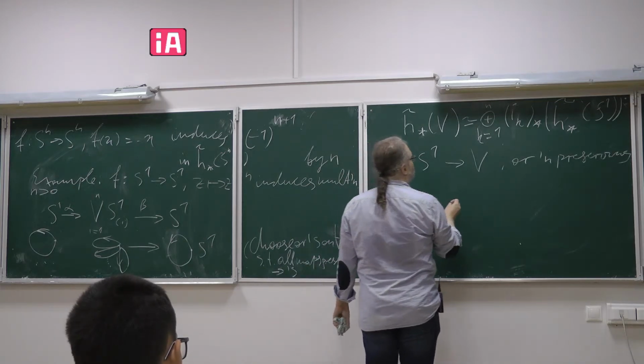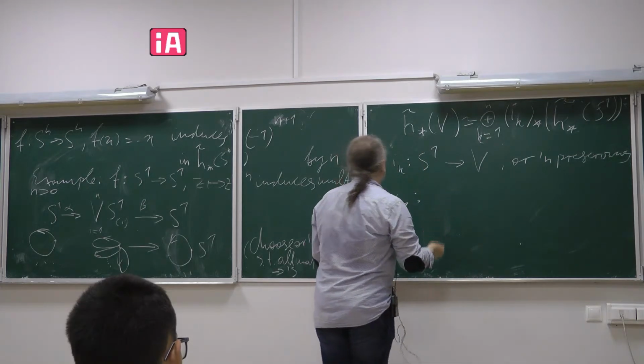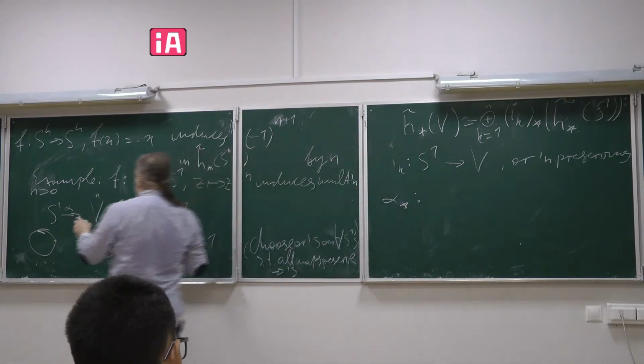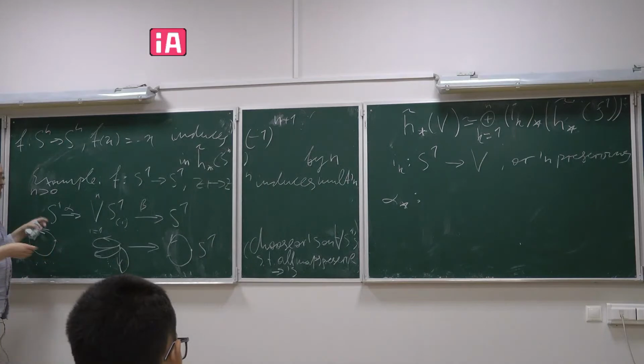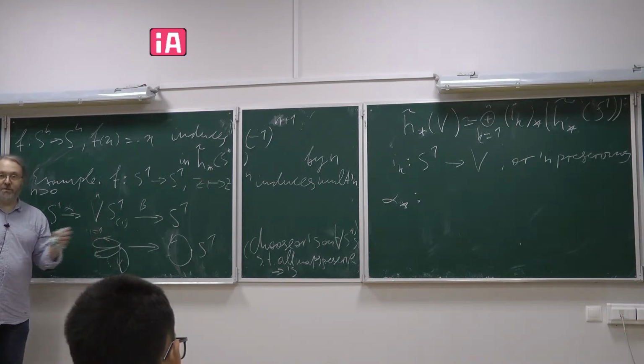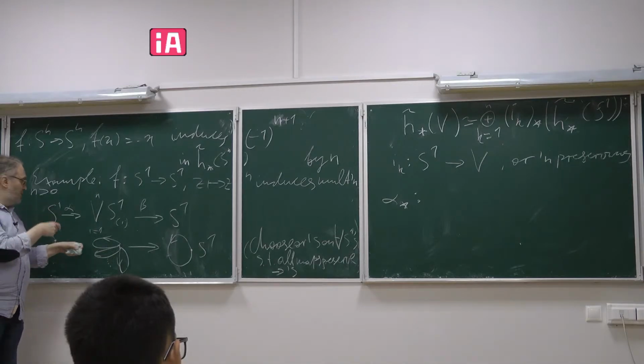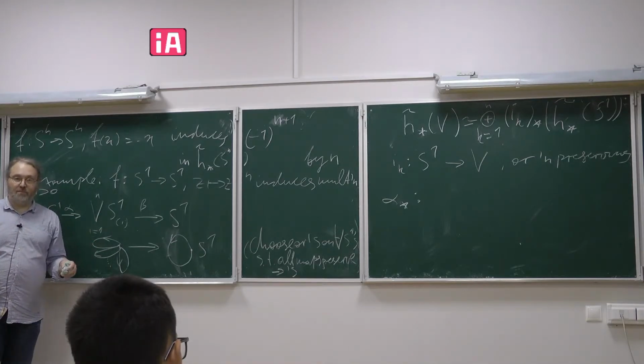Wait, could you explain again what does Ik actually do? Ik identifies S1, with our given orientation, with the kth summand of the wedge, so that the orientations are the same.